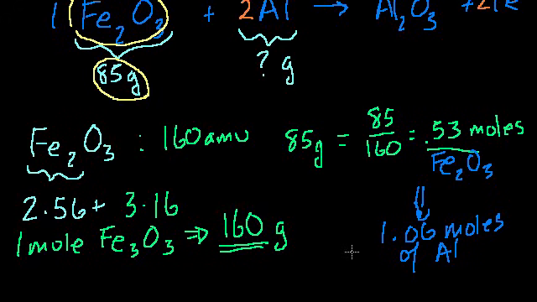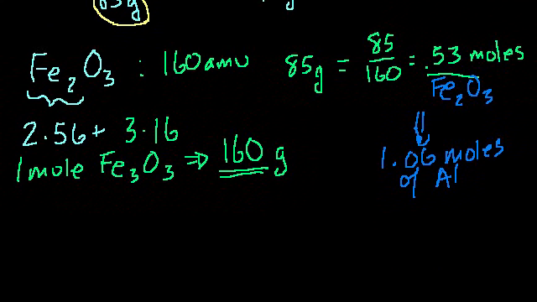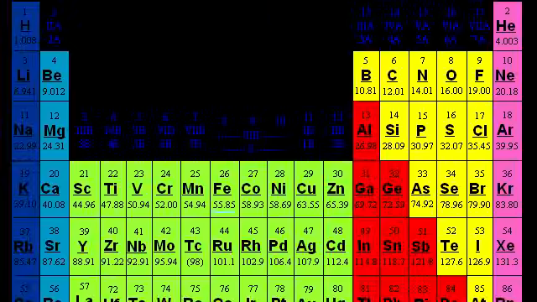All right, so we just have to figure out how many grams is a mole of aluminum, and then multiply that times 1.06, and we're done. So aluminum, or aluminium, as some of our friends across the pond might say, aluminium, actually I enjoy that more. Aluminium has an atomic weight, or weighted average, of 26.98.